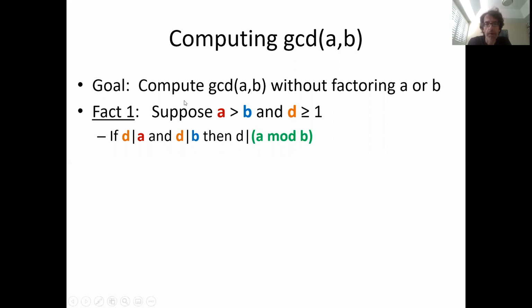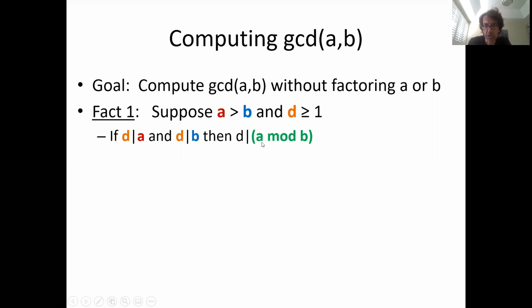This is a hint for how you might compute common divisors of a and b, because whatever is a common divisor of a and b, let's call it d, turns out to also be a common divisor of b and a number that is smaller than both of them.